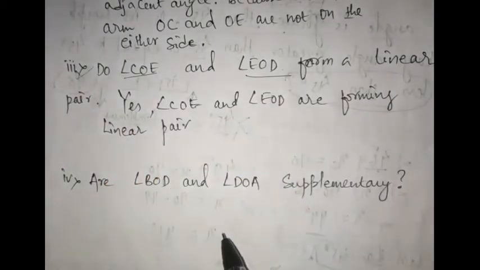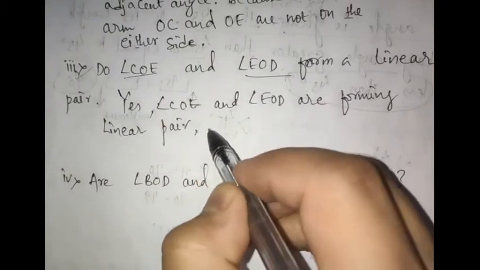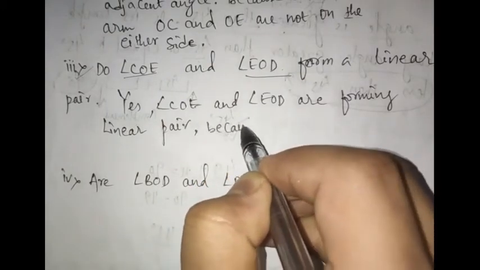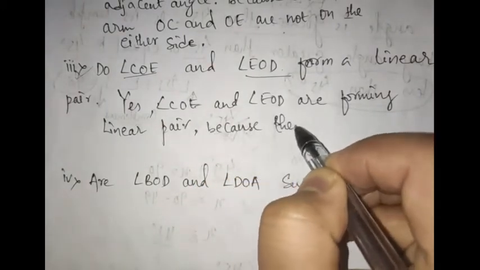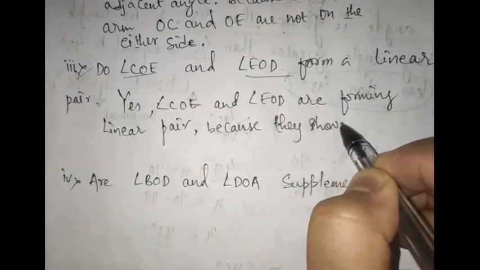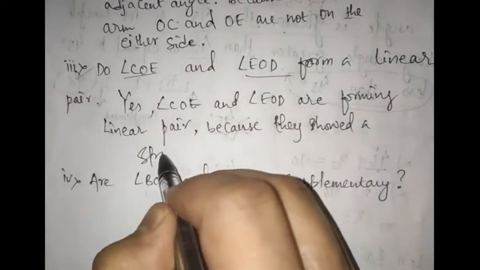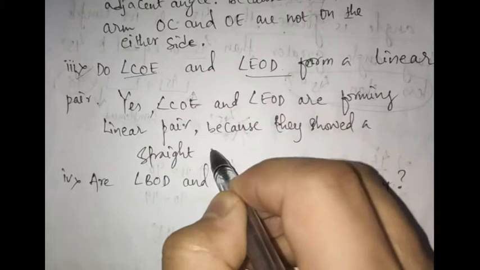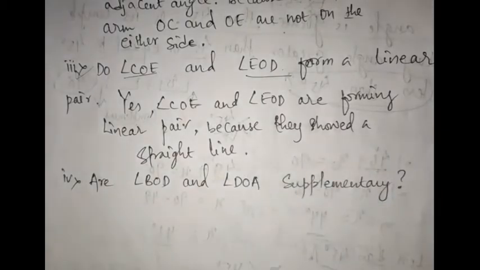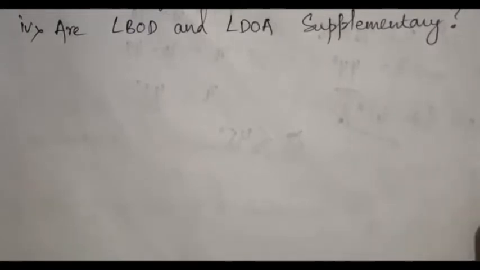Okay, linear pair because they show a straight line. Alright student, I hope the concept of the linear pair or the straight angle is clear to you people. Alright, proceeding forward to question number 4.